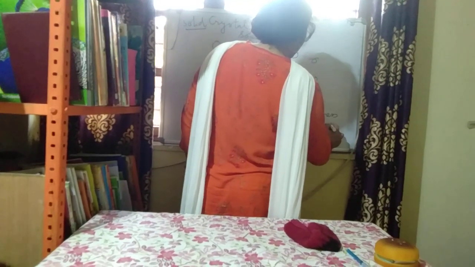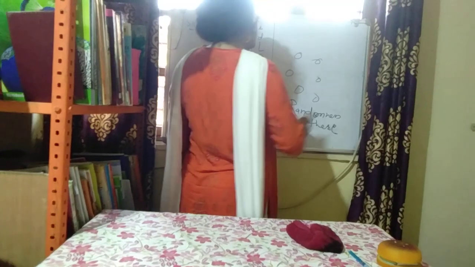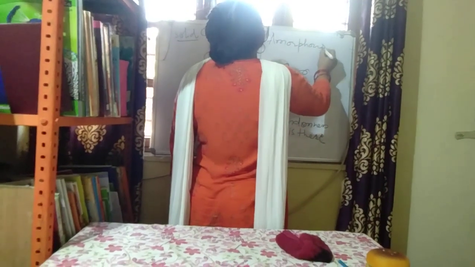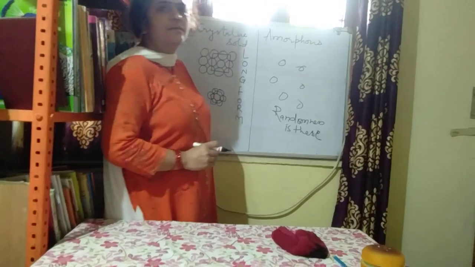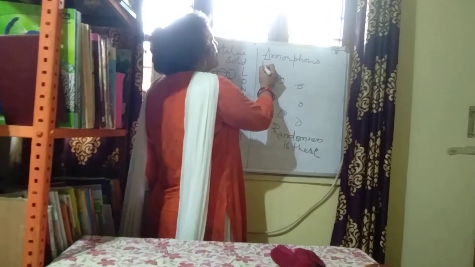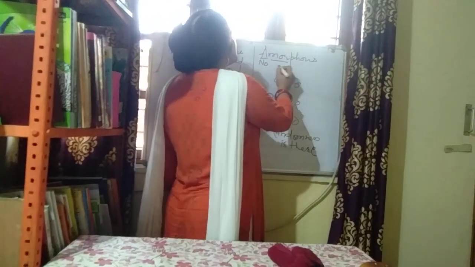Randomness is there. Then this is known as amorphous solid. In Greek, A means no, morphous means form.